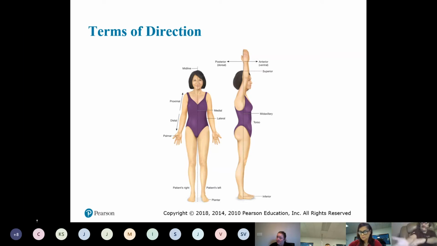So this inner part here, it's towards the middle, right? Towards the inside. So this part is considered the medial aspect of my forearm. And again, so you can see the reference, palm, back of hand. So this is the medial part of my forearm because it's towards the middle.